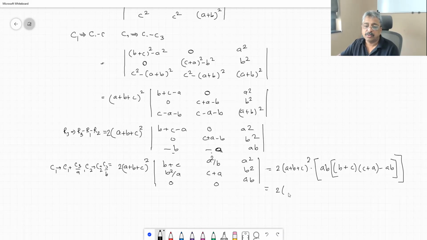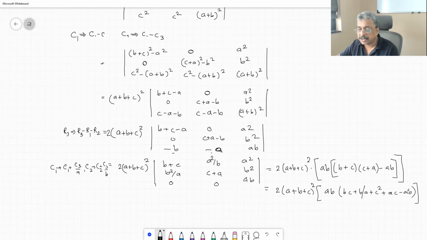Okay, this is 2 into (a plus b plus c) bracket square, inside bracket ab multiplied by bc plus ba plus c square plus ac minus ab.